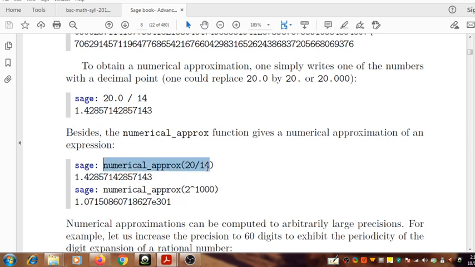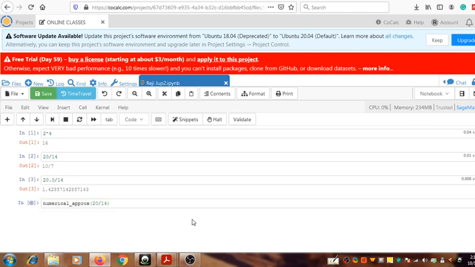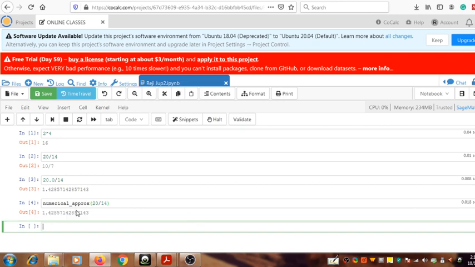You can copy it and then paste it in the input cell, run it, and you can see that output.